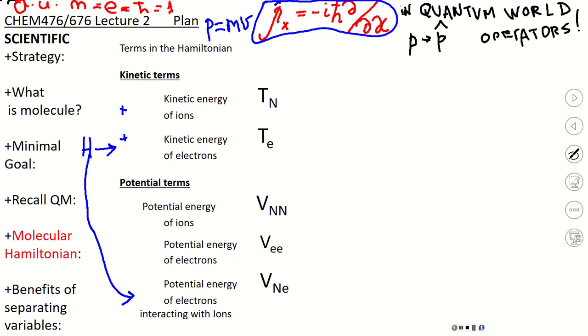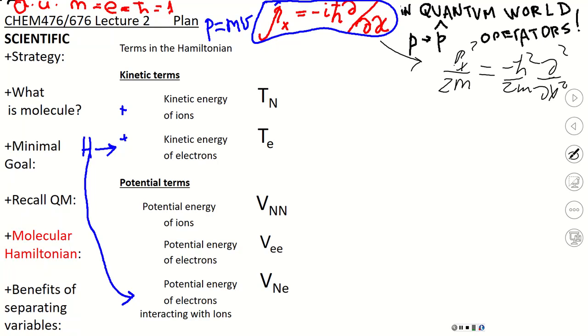What is kinetic energy? It's the energy of the electron. Right, and mathematically it's p squared over 2m. So if one plugs this into p_x squared over 2m, one would get minus h bar squared over 2m d2/dx squared, right?